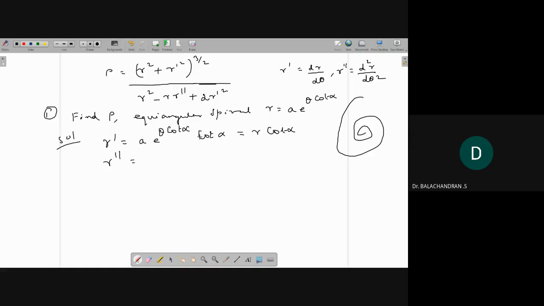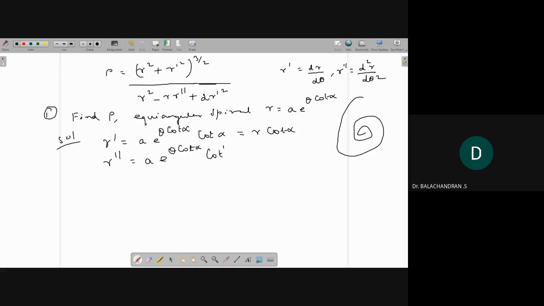If you differentiate again, cot alpha is a constant. If you differentiate e power theta into cot alpha again, you get another cot alpha, so cot square alpha.